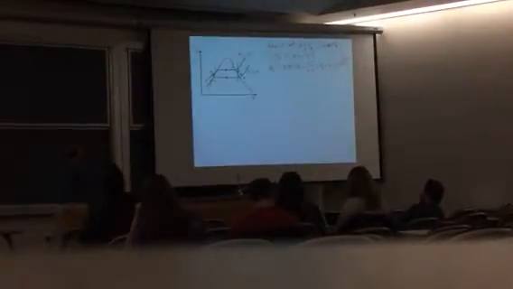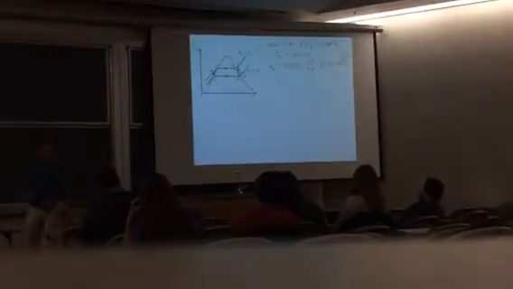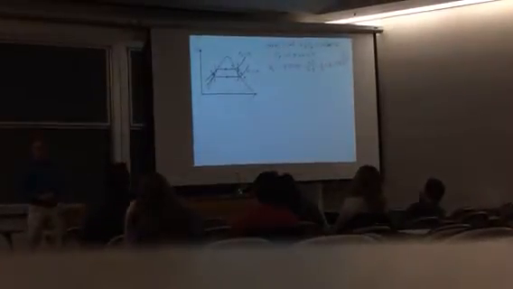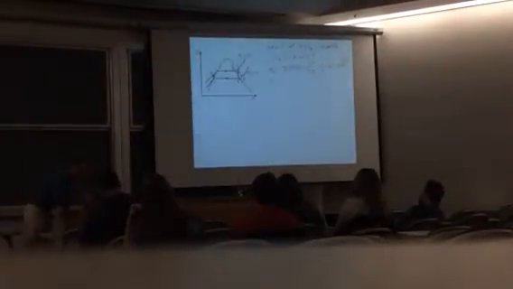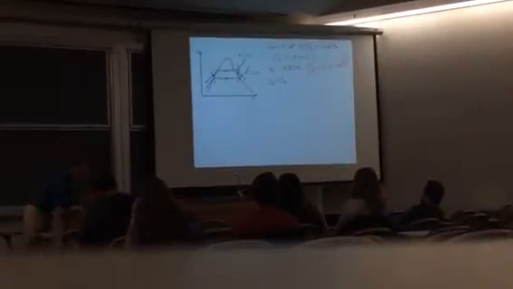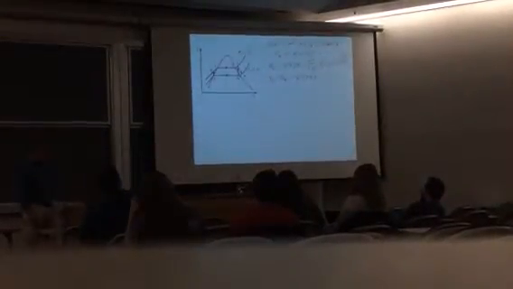Okay. So the next thing we do is recognize that state 4 prime has what entropy? What is the entropy at 4 prime? It's S3. So S3 is equal to S4 prime. That's 6.5995.